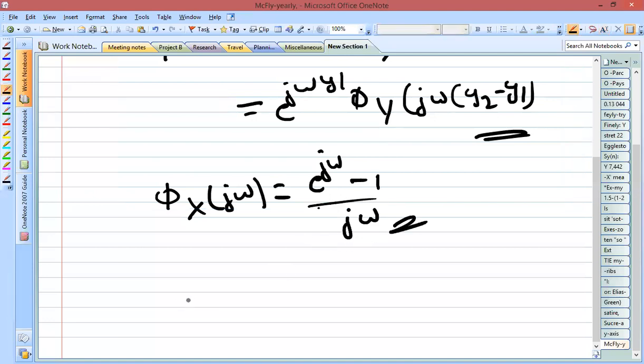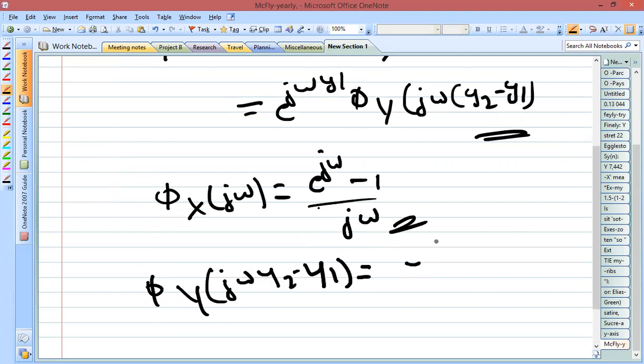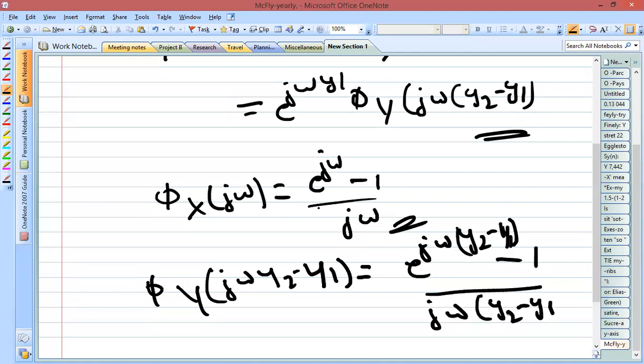Using this function we can simplify for phi y of j omega with y2 minus y1. So that can be written as e to the power j omega (y2 minus y1) minus 1, all divided by j omega a, where a is nothing but y2 minus y1. Depending on the function here, you have to write it.